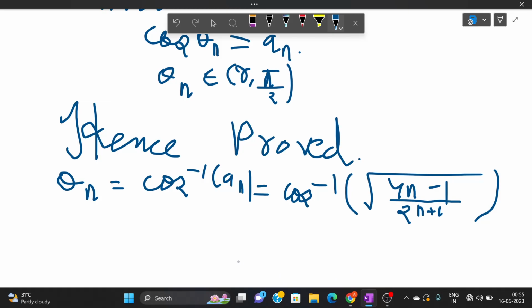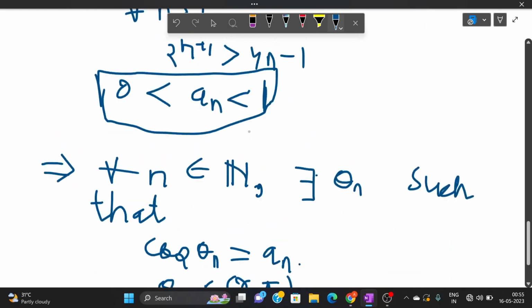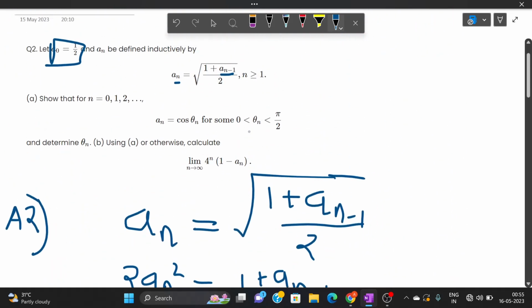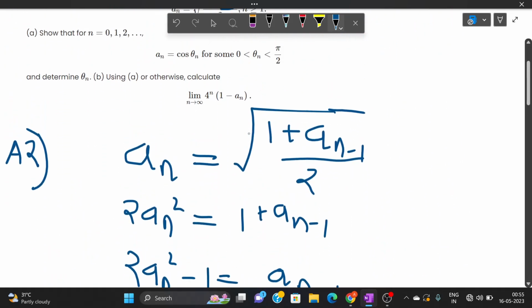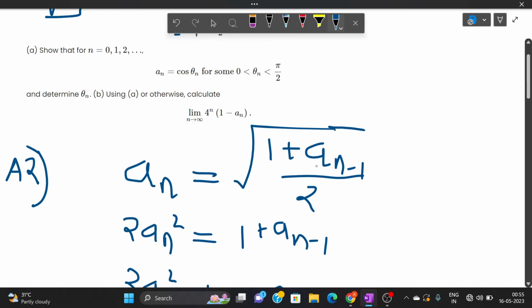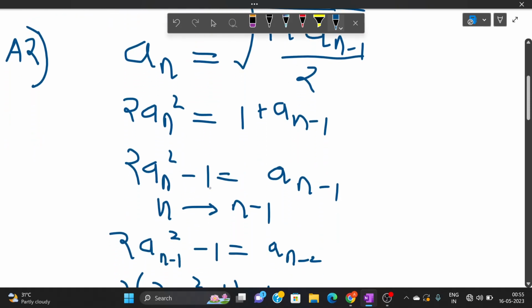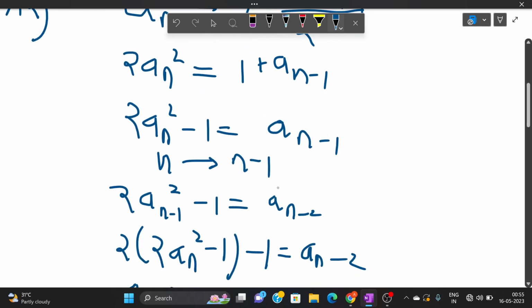I hope the solution is clear. If you have any doubts, ask in the comments. I would like to explain it once again in brief. We were given the equation a n equal to square root of 1 plus a n minus 1 by 2. We square on both sides and rearrange, and we get 2 times a n square minus 1 equal to a n minus 1.